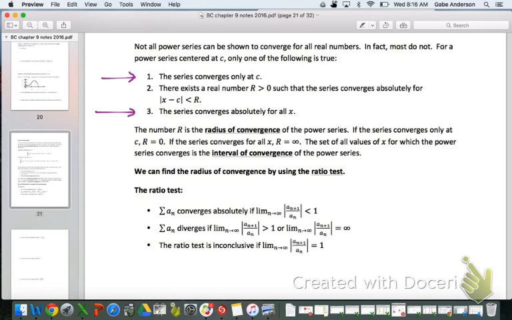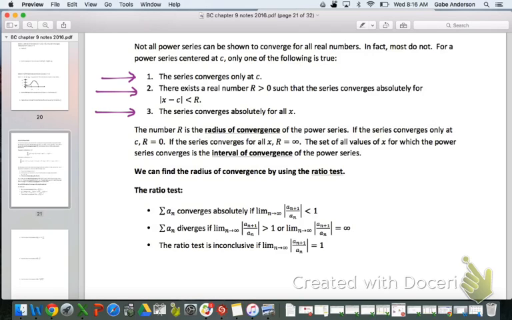And then there's a middle possibility where there's a limited radius where the series will converge for certain values of x, but not for others. A broader interval of convergence than just c, but still limited in that it's not for all values of x. And we're going to look at how to figure this out.